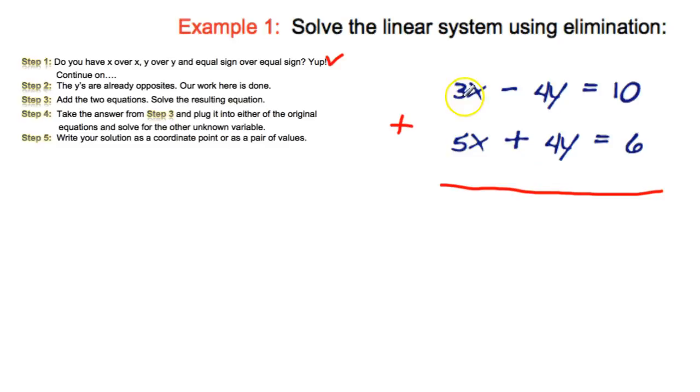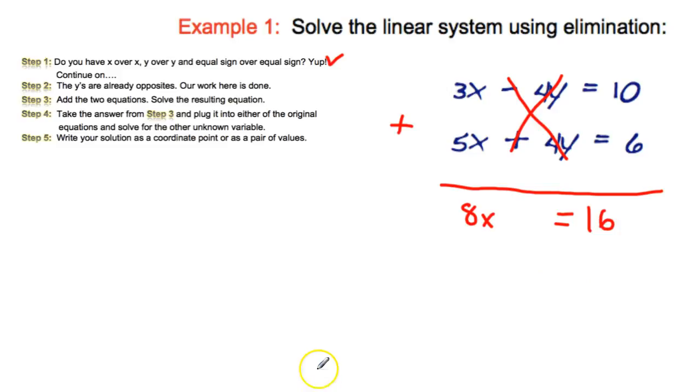So 3x and 5x, that's going to be 8x. Now we have negative 4y and plus 4y. Like I said, those cancel, they're gone. And now this equals 10 plus 6, that is 16. You might be thinking, oh, is it that easy?